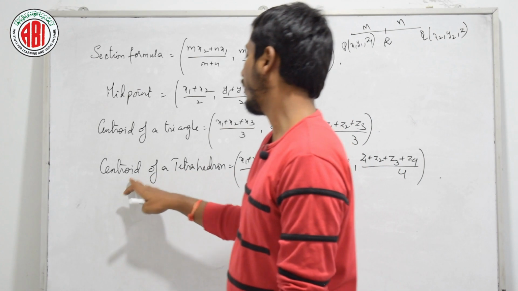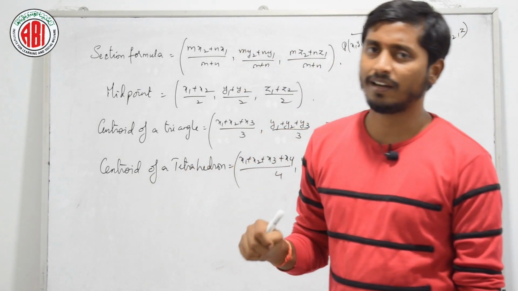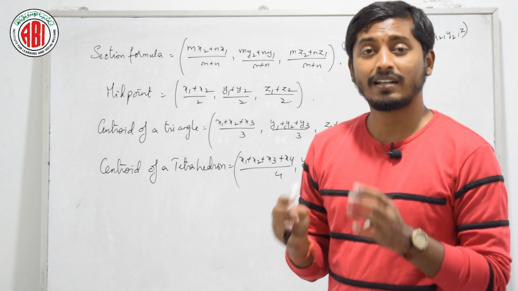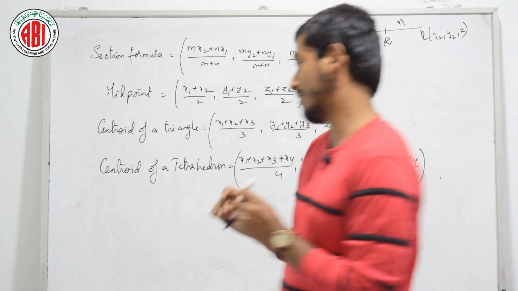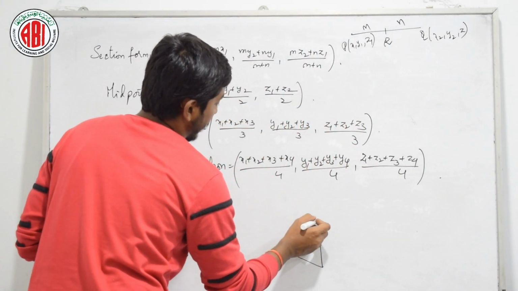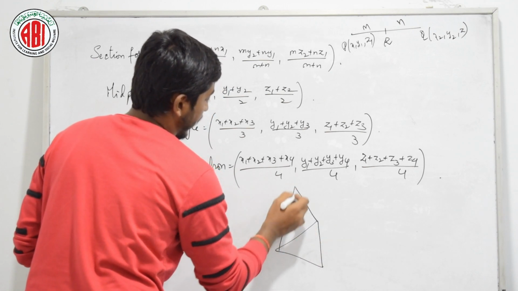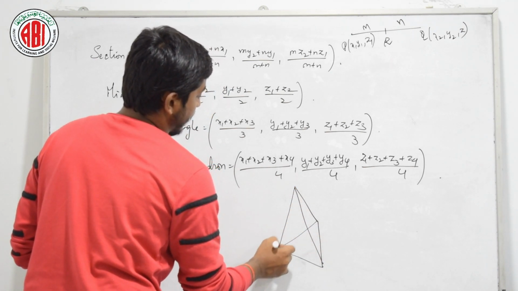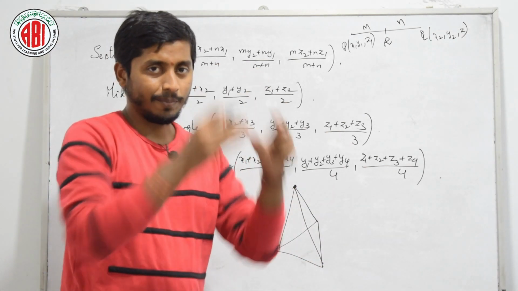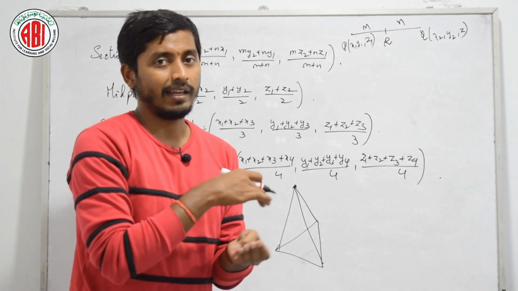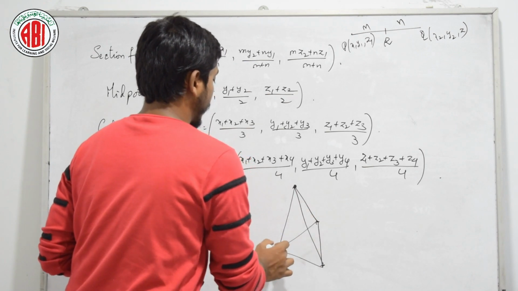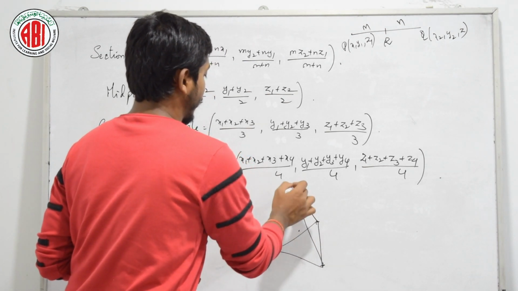And the next thing is the centroid of a tetrahedron. What is this tetrahedron? You would have heard about this tetrahedron, right? This is nothing but a triangular based pyramid, we can also call it. If I have a solid with a triangular base, which has triangles on all the sides, it has 4 vertices, then its centroid will be somewhere in between.